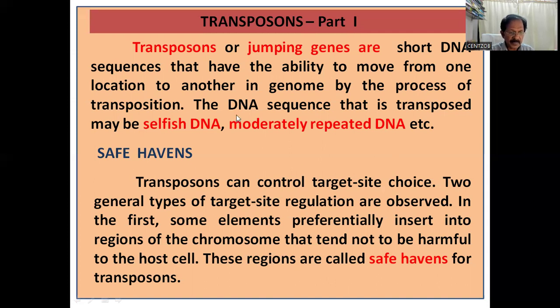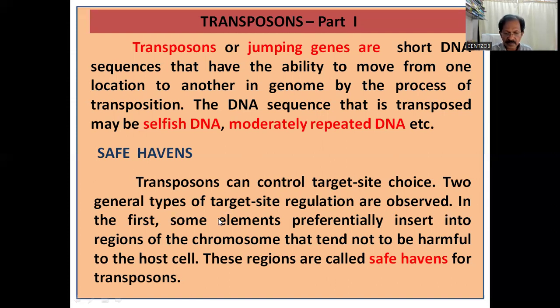Then, what are safe havens? Transposons can control target site choice, that is, the target site where the transposable element is inserted. Two general types of target site regulation are involved.